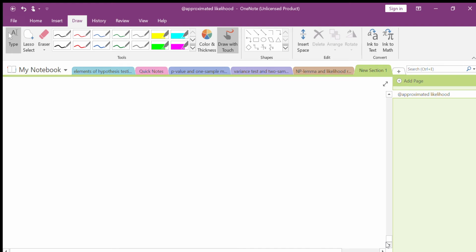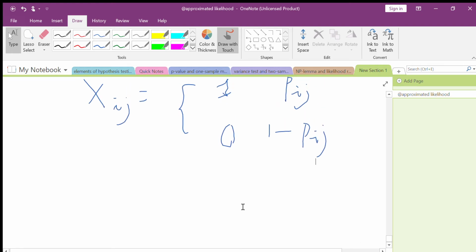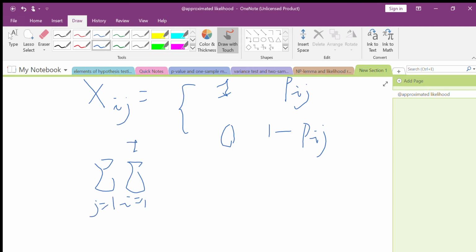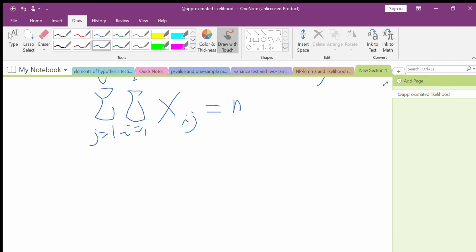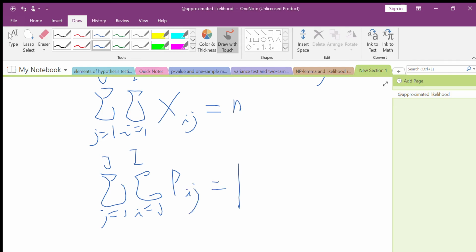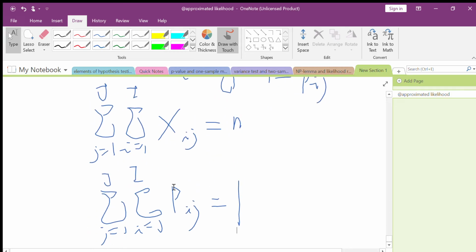And similarly, we have the constraints. This time we have the double summation, i from 1 to capital I, j from 1 to capital J, of xij equals small n, and the double summation of pij equals 1. Similarly, we have two more constraints, and the data generating process is similar.